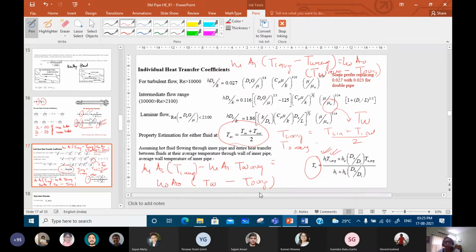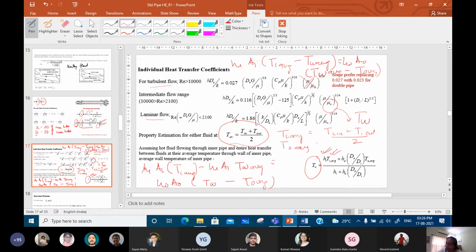Initially, you find out the Reynolds number, and find out whether the flow is turbulent, intermediate or laminar. Possibly the flow should be turbulent, which gives you a better heat transfer. Based on that, initially you do not consider the Sieder-Tate correction.